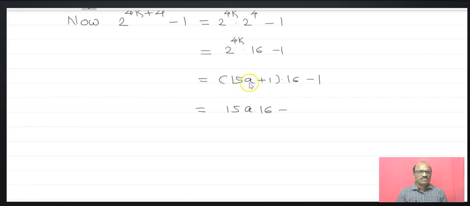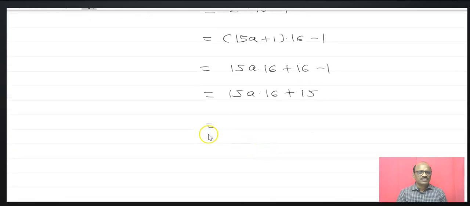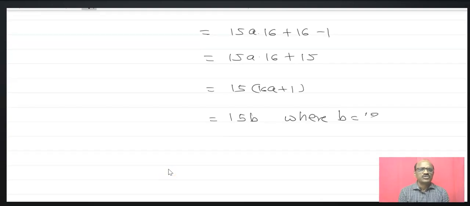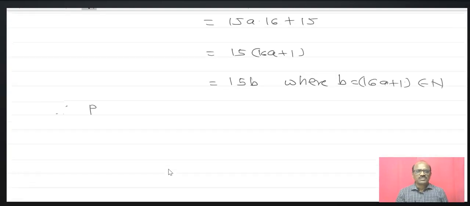Its value is 15a plus 1, into 16 minus 1. If we evaluate this and take 15 as common, you will get 16a plus 1. That is b, where b equals 16a plus 1 and it belongs to the set of natural numbers. Therefore, P of k plus 1 is true.